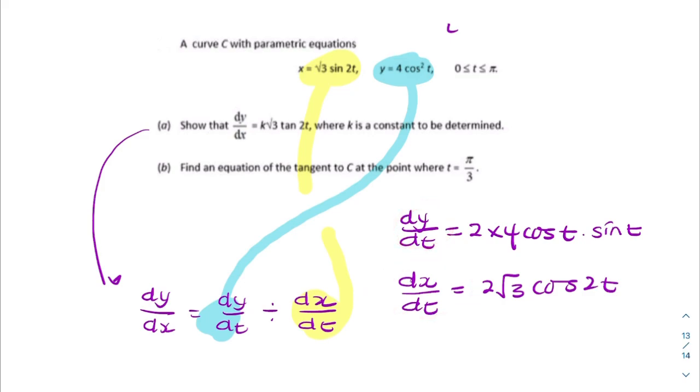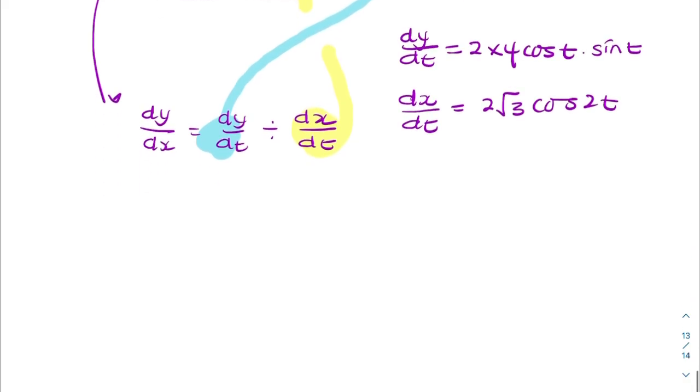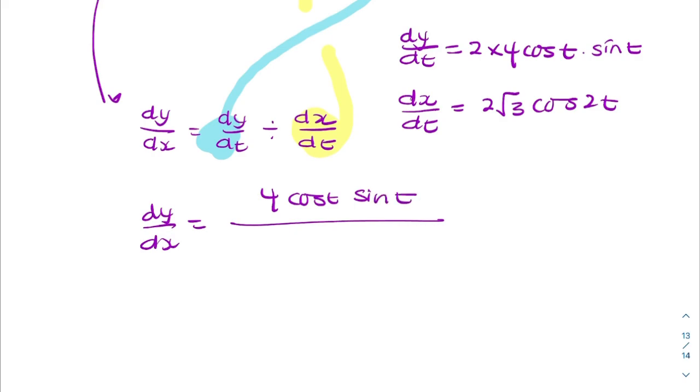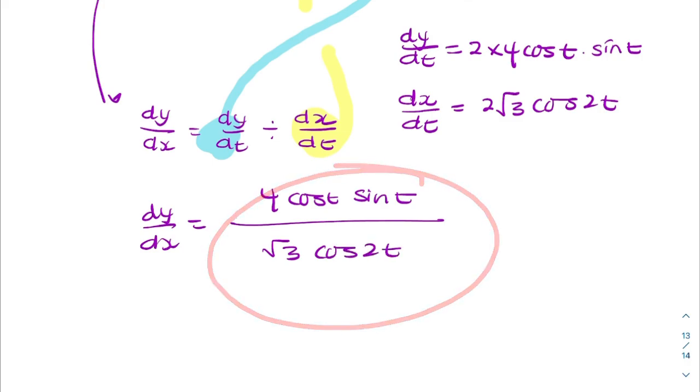So we can write dy by dx is 4 cosine t sine t divided by root 3 cosine 2t.